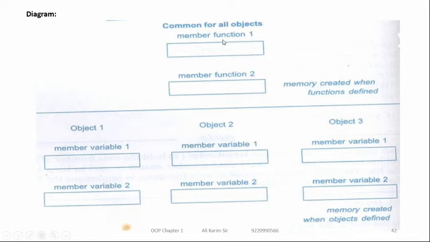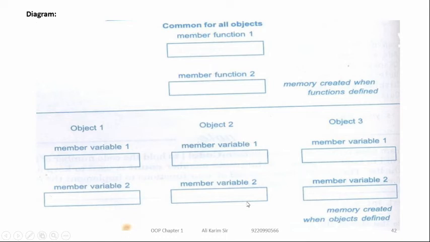So considering this function as put data and these as S1, S2 and S3, each time S1 was calling put data, the same function was being called, so memory was used one time, but the variables were holding different values. Therefore, each variable has a separate memory. S2 object is calling the same function, again the common function is used.